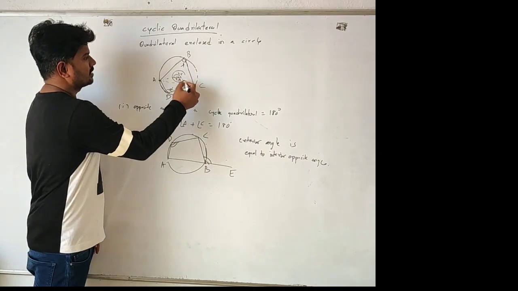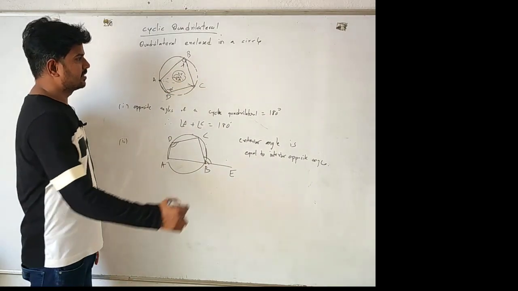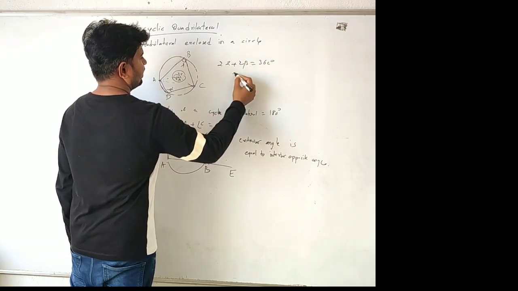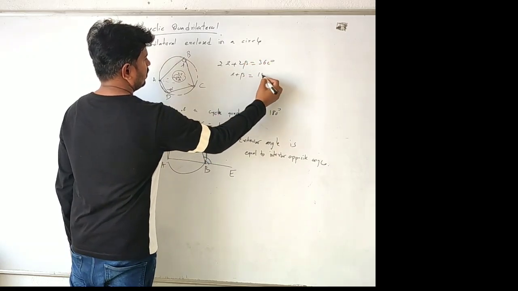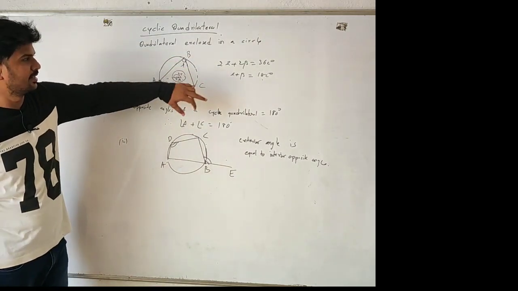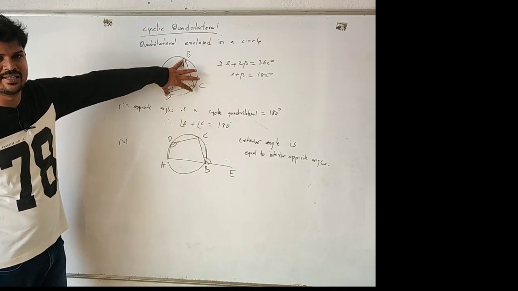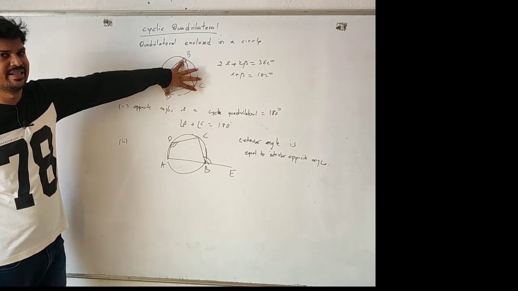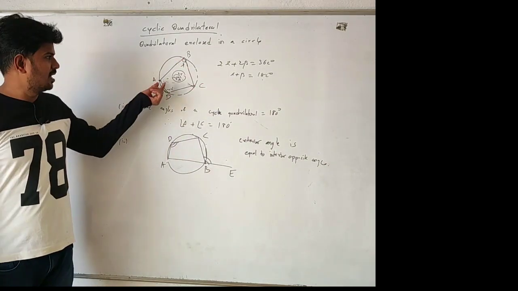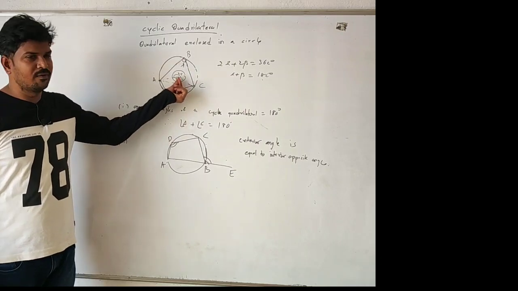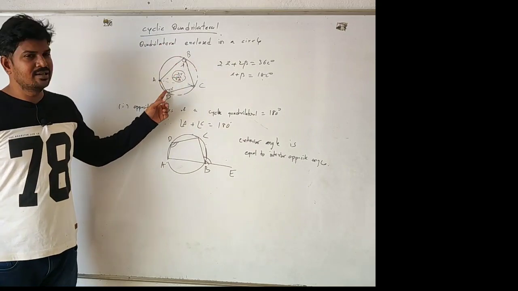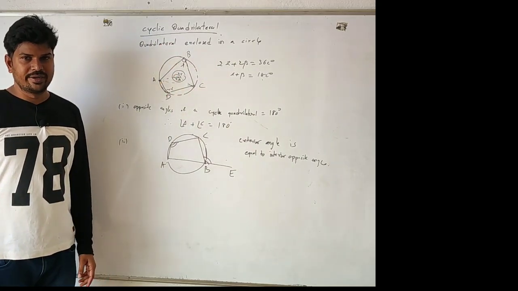Now we know this circle is 360 degrees, so 2 alpha plus 2 beta is equal to 360 degrees, where alpha plus beta is equal to 180 degrees. That is, the sum of opposite angles is 180 degrees, that is, supplementary. This happens only in a circle, because this concept of alpha becoming 2 alpha happens only in a circle. That's why in a cyclic quadrilateral the sum of opposite angles is 180 degrees.